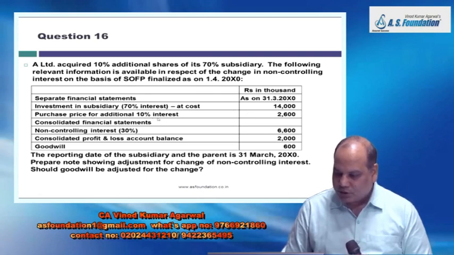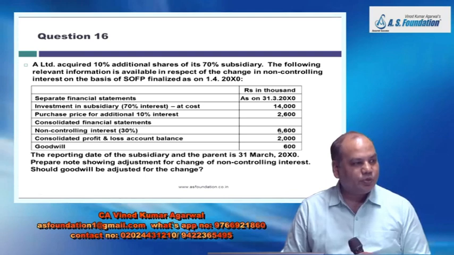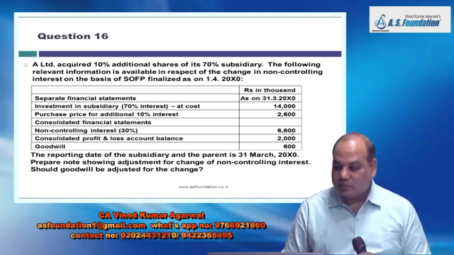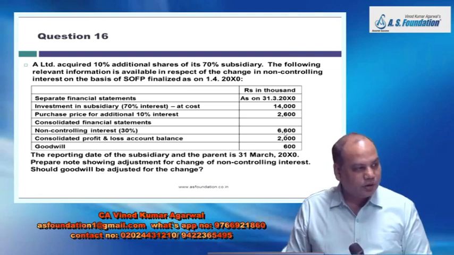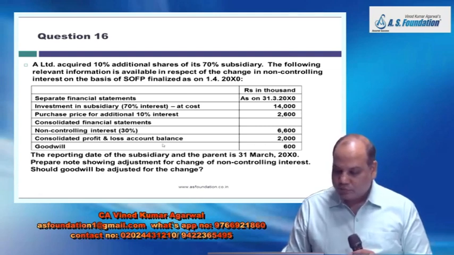Purchase price for additional 10% interest 2,600. Consolidated financial statement NCI 30% 6600. So for 30% their value is 6600. So if I take away 10% from them, what will be the proportionate value of NCI for 10%? 2200.